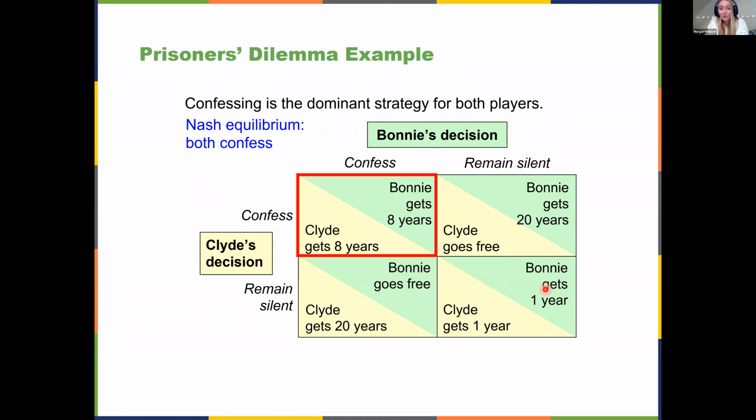And even though cooperation would get them a better outcome, self-interest drives them to break any kind of agreement that they may have had and confess on one another. So this is a summary and an analysis of the prisoner's dilemma in game theory.